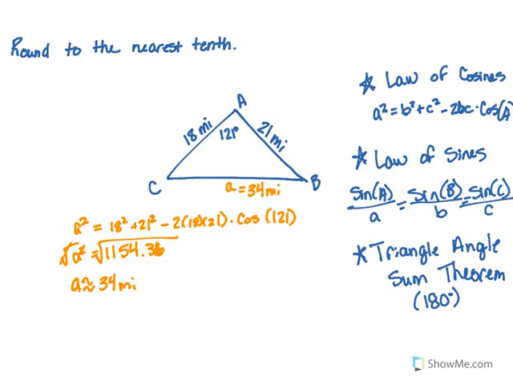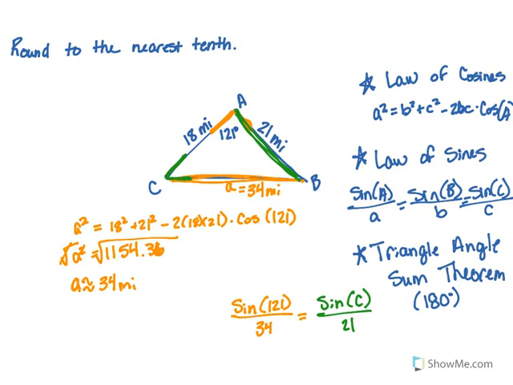Now we're going to use law of sines. So remember, you take your angle that's across from the side you have. That's kind of your controlled proportion. So you have the sine of 121 over 34 equals, and we're just going to do one of these other angles. So let's do C and this other side. So we're going to do the sine of angle C over c, which is 21, because these two pieces go together.